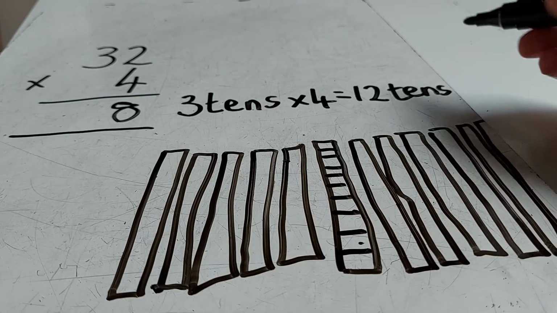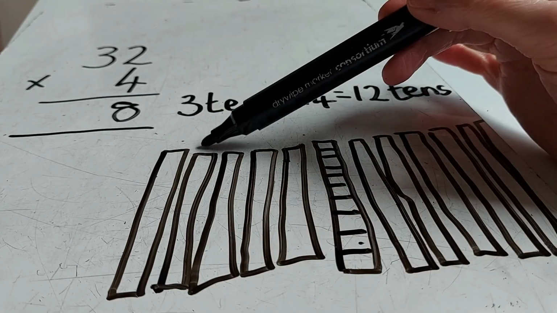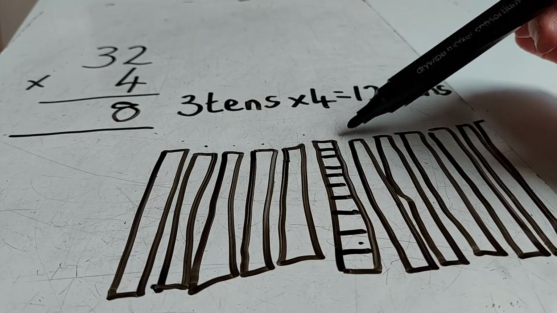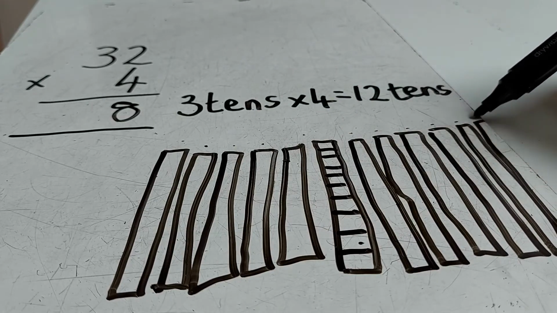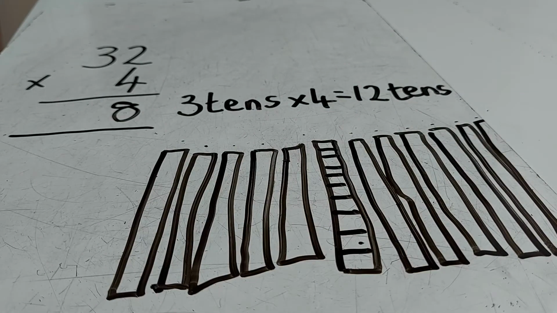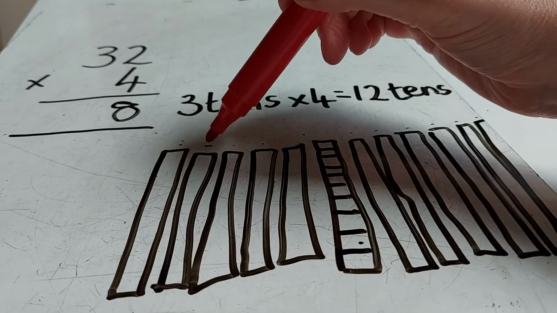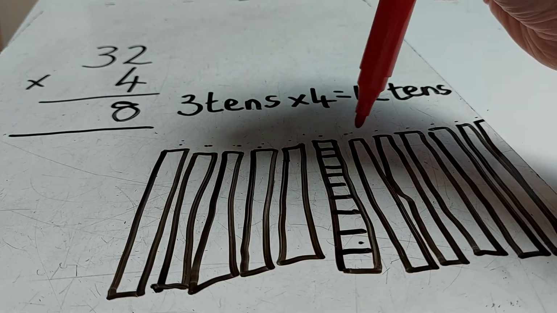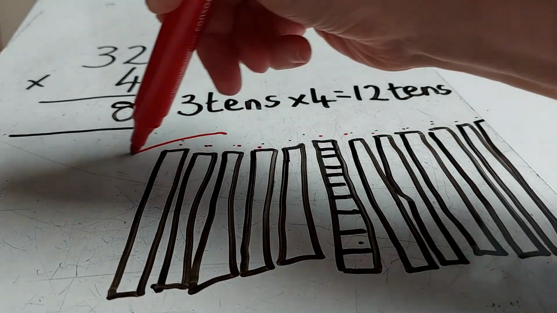Yes, okay. So just to double check, 1, 2, 3, 4, 5, 6, 7, 8, 9, 10, 11, 12. That's 12 tens, okay? And as I said before, 10 tens makes 100, okay? So if we put all of these, I'm going to find 10. Okay.